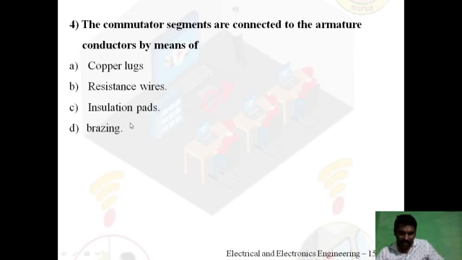Here it is answer A. The commutator is tightly connected to the armature conductors with the help of lugs made of copper, in order to withstand the centrifugal forces. In order to withstand the centrifugal forces, the commutator segments are connected to the armature conductors with the help of copper lugs.